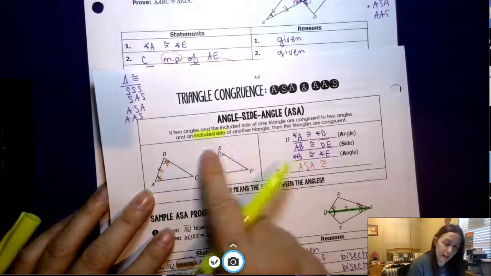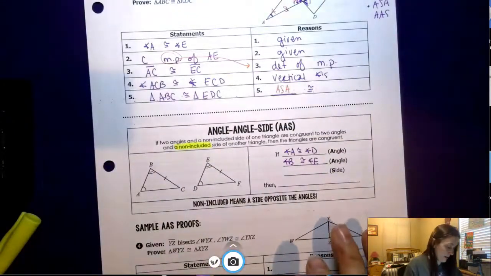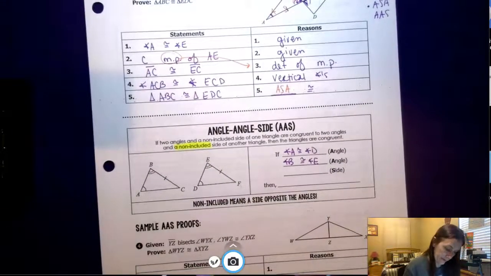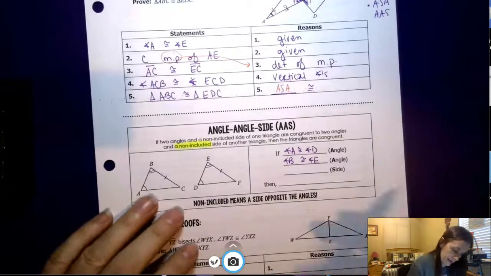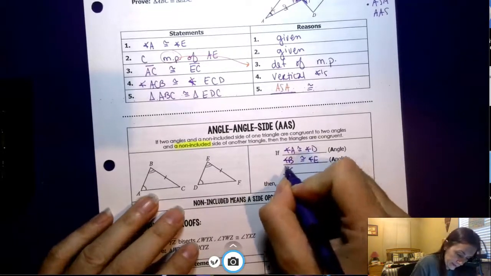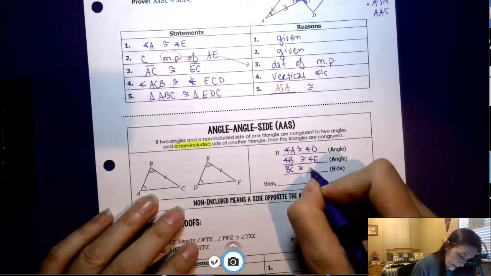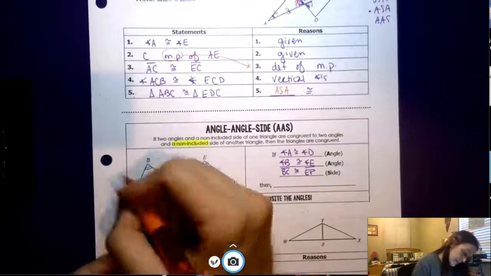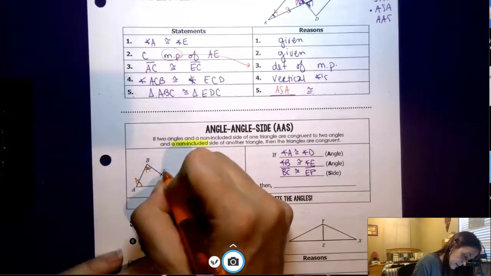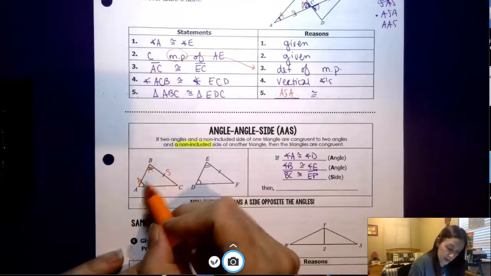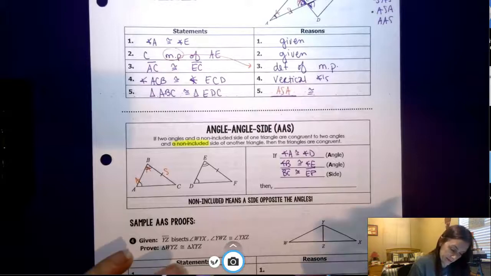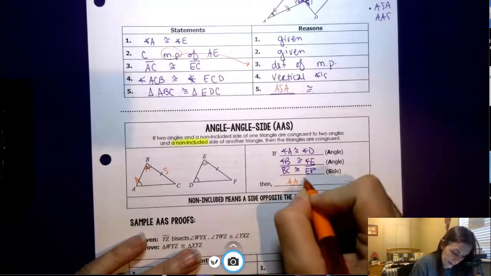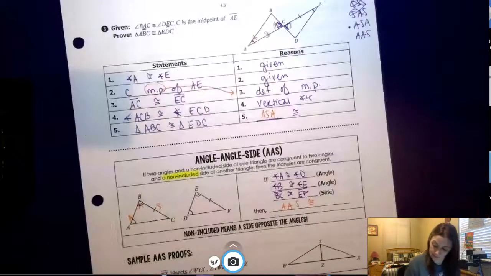If you want to highlight that from the last page, this time it is a non-included side. So this side would be line segment BC, congruent to line segment EF, and this time it is angle, angle. Notice that the side is not between the two angles. Angle, angle, side congruence.